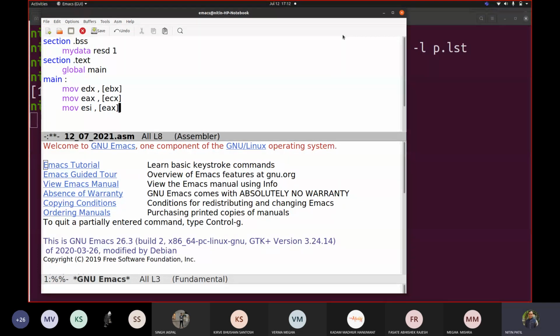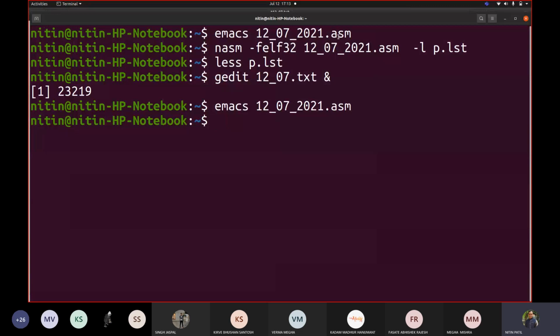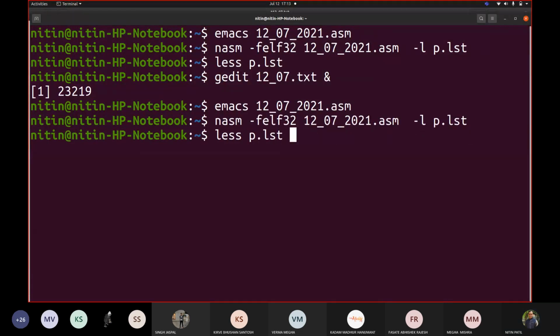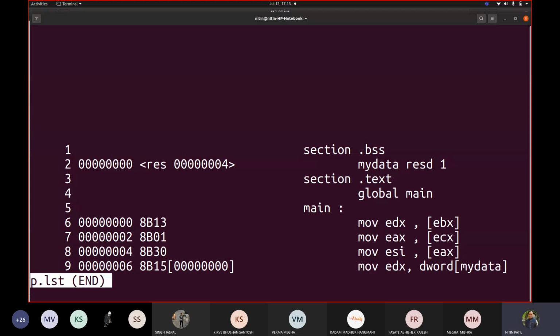And let me write like this: mov edx, dword of my data. Now let us see what the change would be. I simply added a memory instead of a register there. Can you see 8B still? Yes, but we got 15.